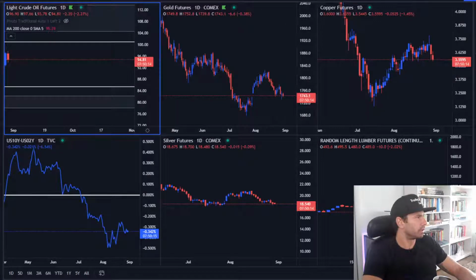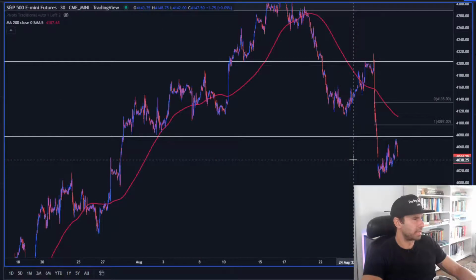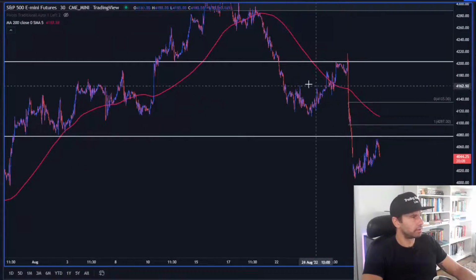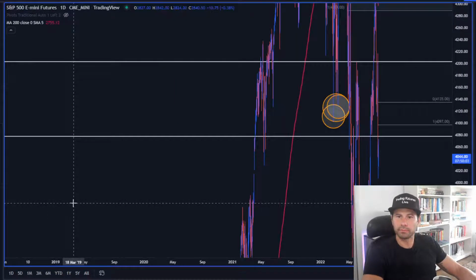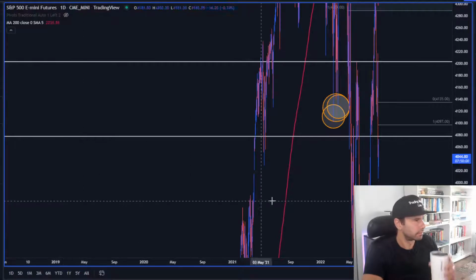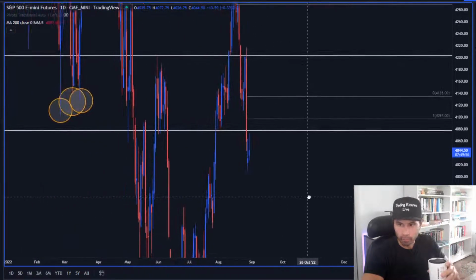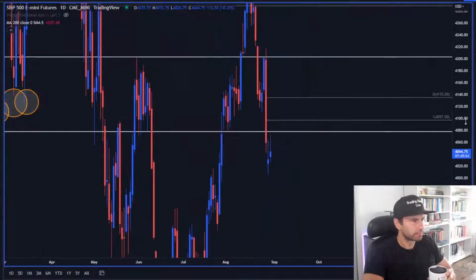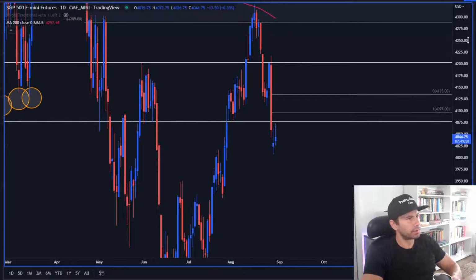Let's go to the real meat, which is the ES. All right, this is 30 minute. Let's go to the daily. Here is a 200 moving average.